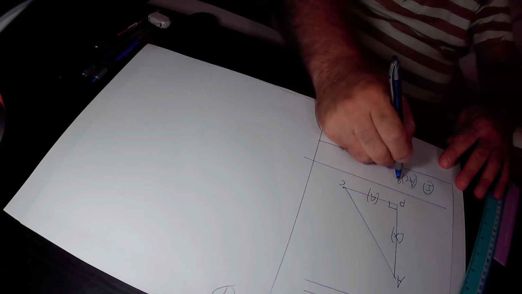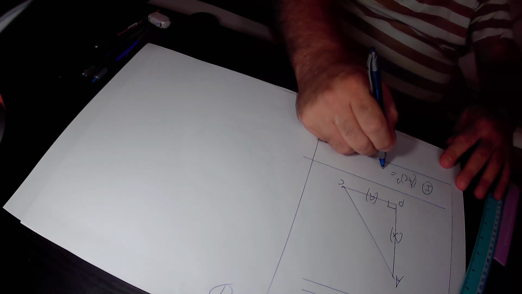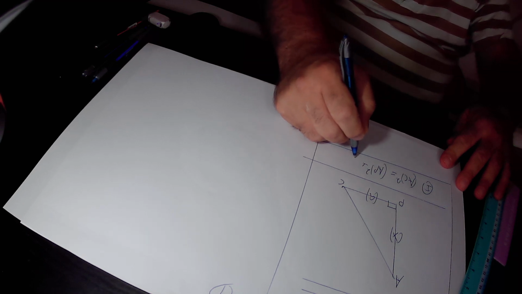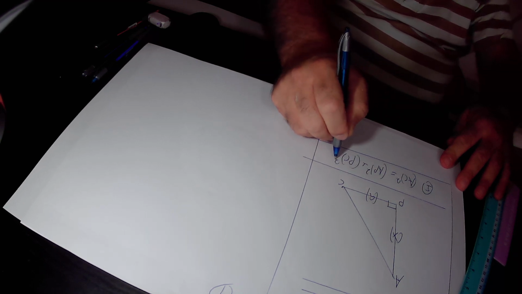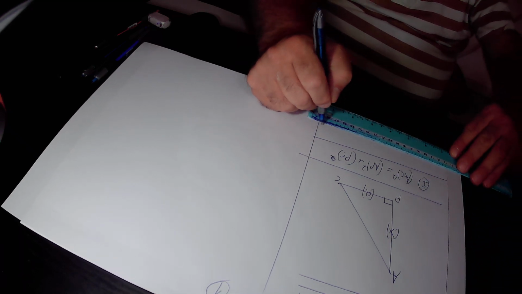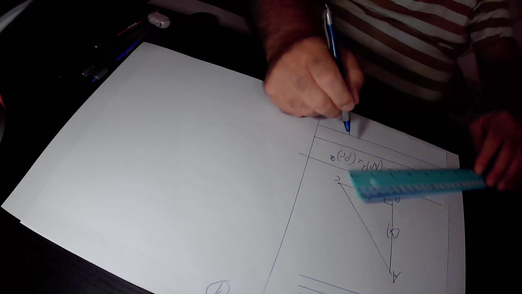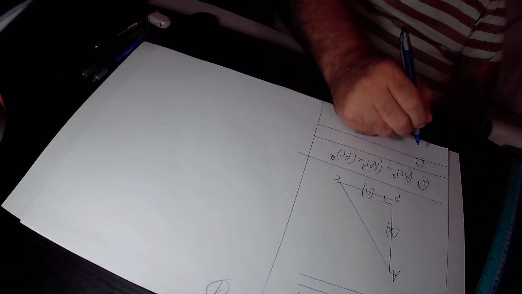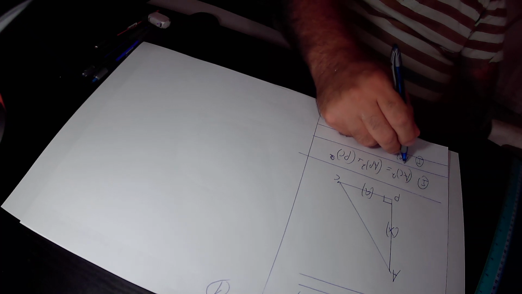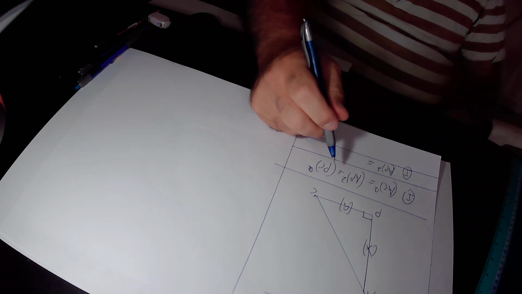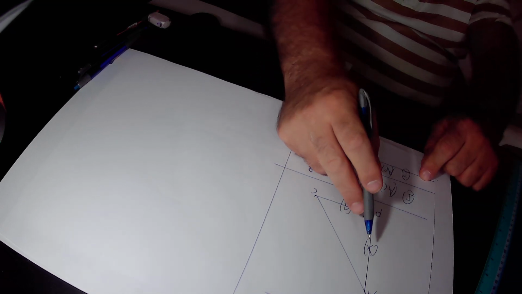AC square equals AP square plus PC square. So AC is the missing side, so really what it is, AC square equals AP square.